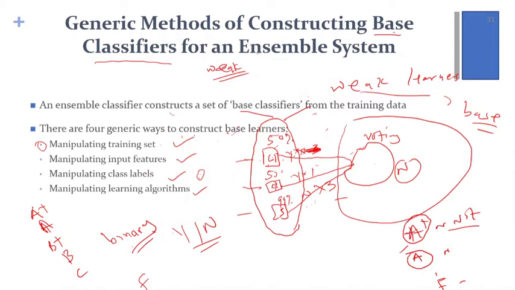The final method we described was manipulating the learning algorithms. Sometimes you just need to change the learning algorithm you are using, like changing the topology of a neural network. You start by using a 2-layer neural network, you move to 3-layer, then 4-layer, up to as many layers as possible, or you just play with the number of neurons in a single layer: 2 neurons, 3 neurons, 4 neurons, 5 neurons, etc. So this is what you can do.